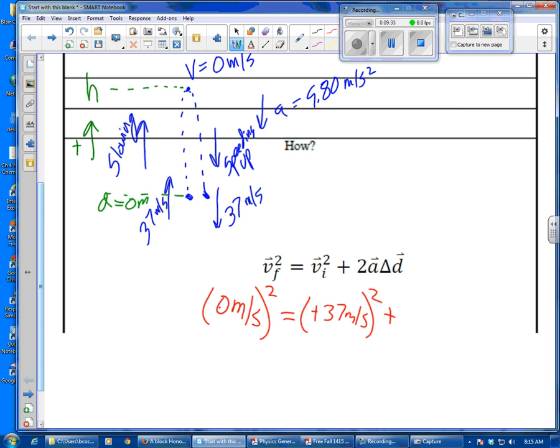Plus, I have my acceleration, which is downwards, and since we said up is positive, that would make that negative. And the change in d goes from 0 to h. So my change in d is going to be h minus 0 meters.